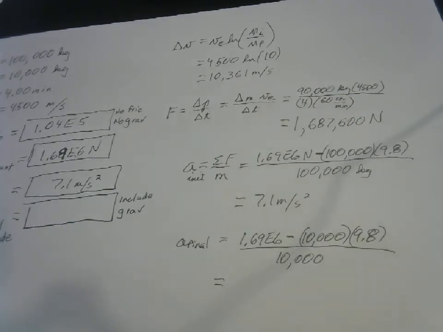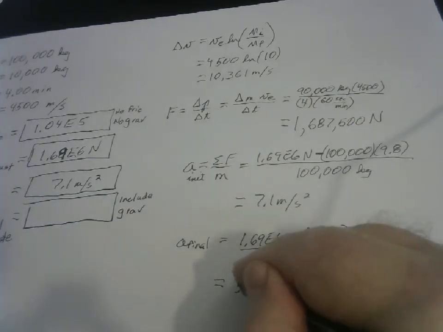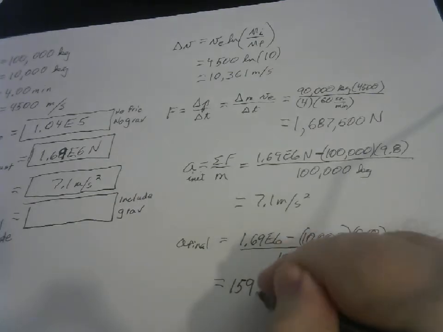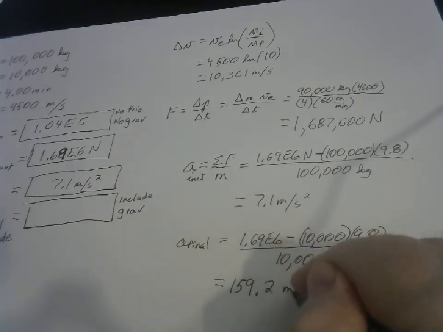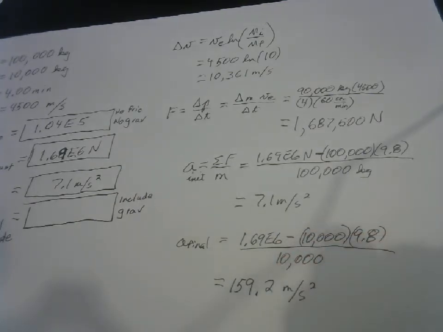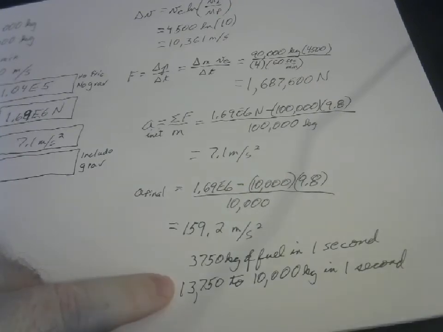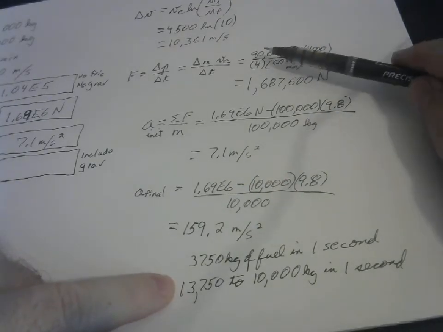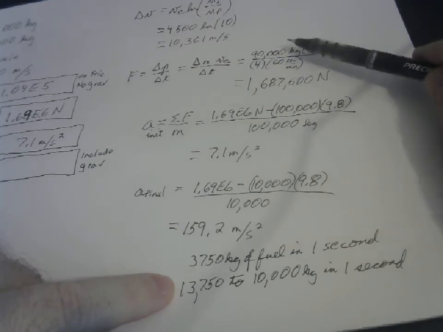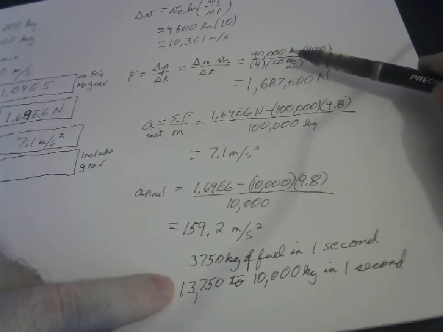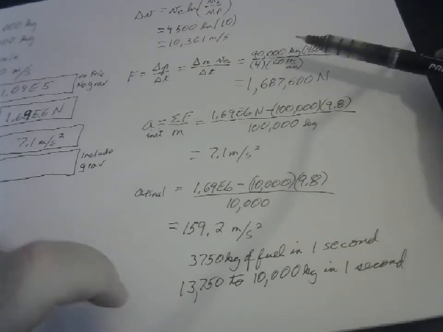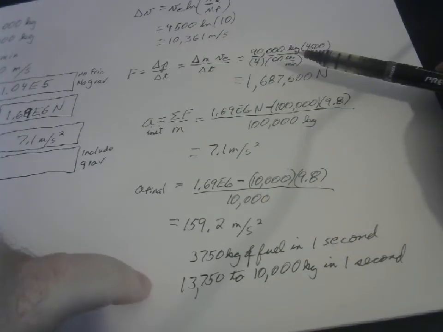And it comes out to be 159.2 meters per second squared, which seems a little strange, except it kind of makes sense because the mass lost is 90,000 kilograms in 4 minutes, which is 3,750 kilograms per second.